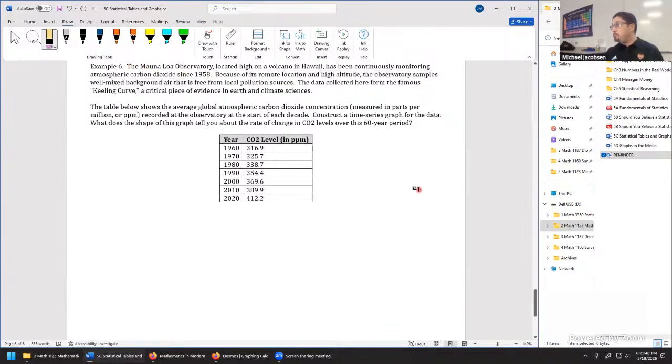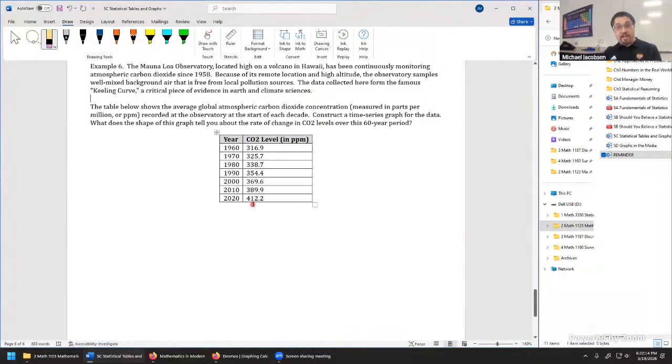And this one observatory has been continuously monitoring atmospheric carbon dioxide since 1958. So pretty long running set of data from this location. We're told the data collected here forms the famous Keeling curve that you might have read elsewhere, which is a critical piece of evidence in earth and climate sciences.